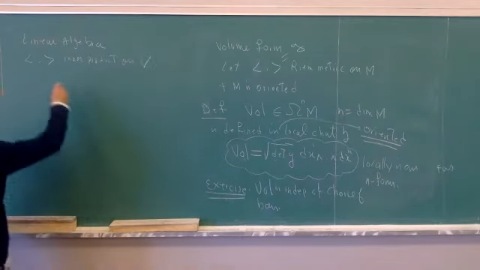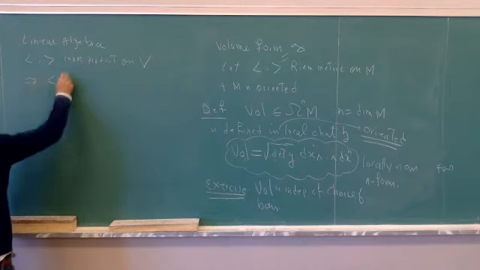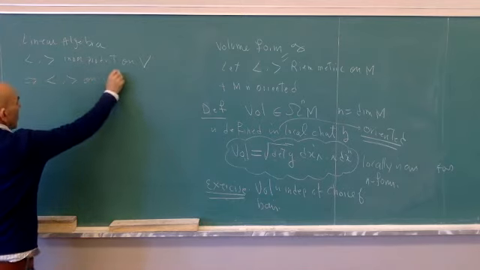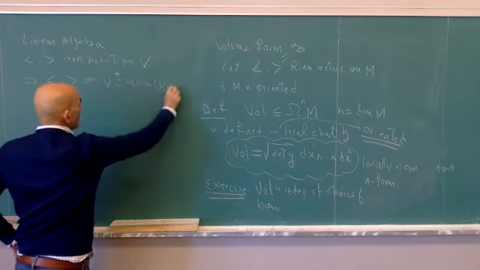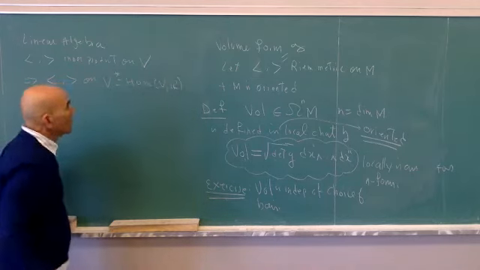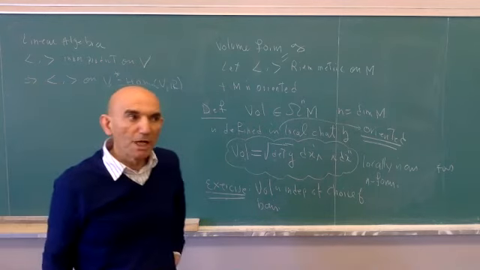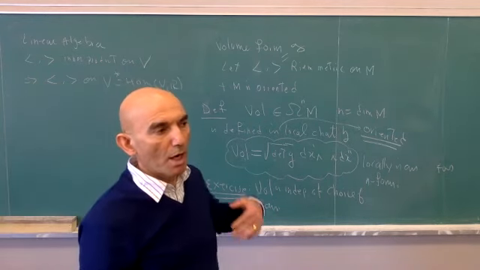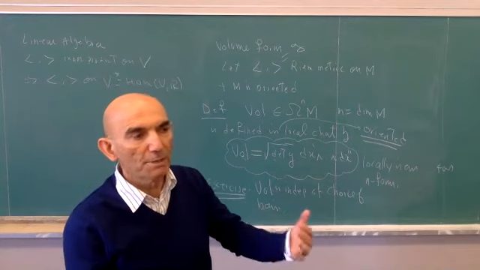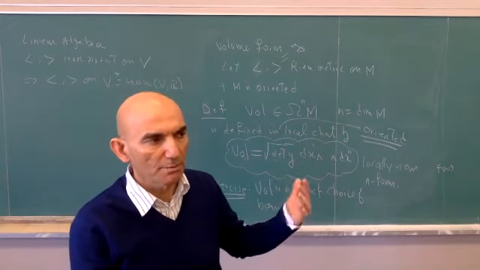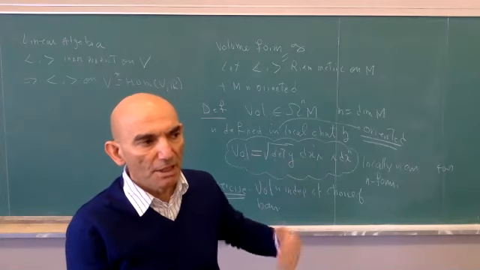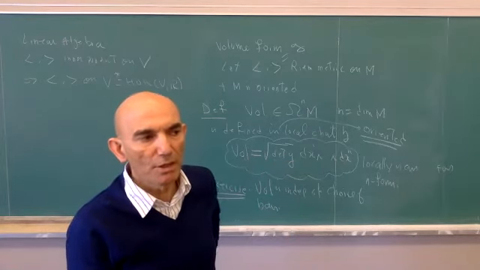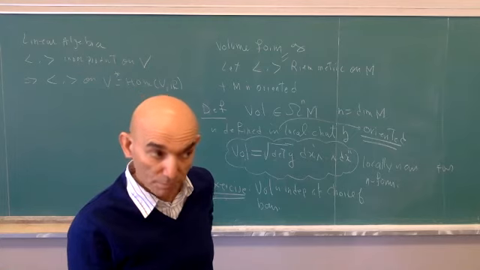Then you can get an inner product on V star. So this is a purely linear algebra question. I ask you, I have an inner product, positive definite, for example, it doesn't matter much, on my finite dimensional vector space V. Can you define an inner product on the dual space?